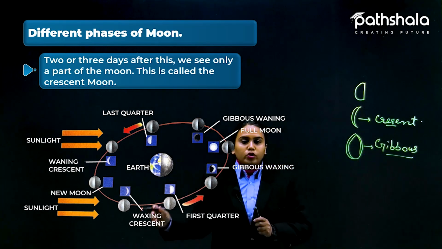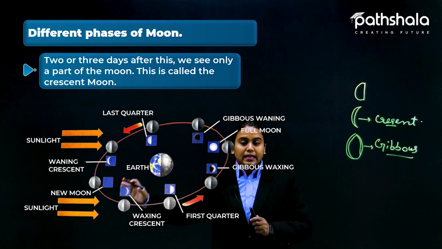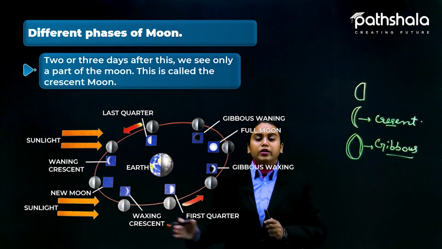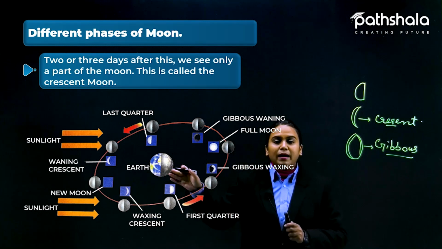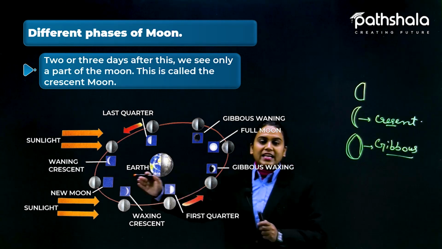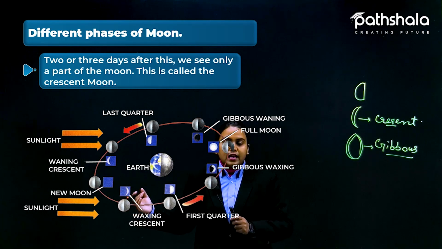Fine, so you can see the new moon was here. After the next night, the moon is slightly shifted from here to here. Now a little part of the moon would be seen by these night people who are present here. Why? Because it has shifted from the dark side to this side.